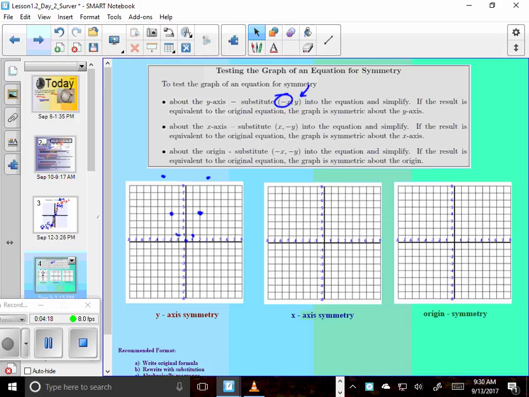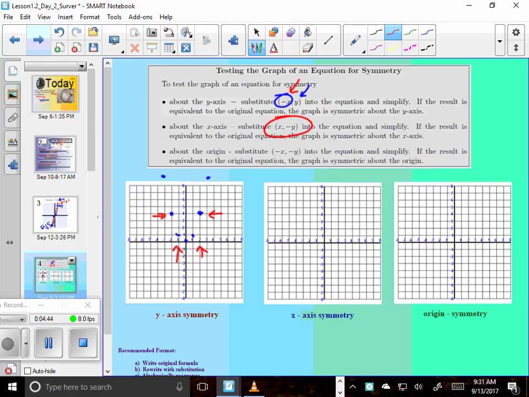And why does it have y-axis symmetry? Because when I stuck in 2, I got 4. When I stuck in the opposite of it, I still got positive 4. So when you stick in the opposite of the x, you will still get the same y. Okay.